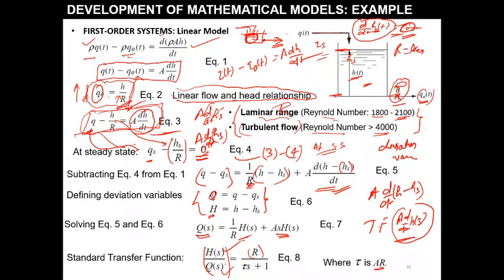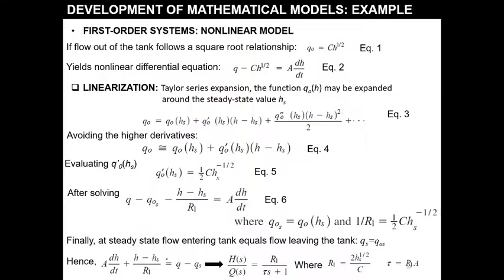This is a first order differential equation. It means if you have a simple tank and you have to control the level of the system, then the transfer function of that system is R upon tau s plus 1, the standard transfer equation.